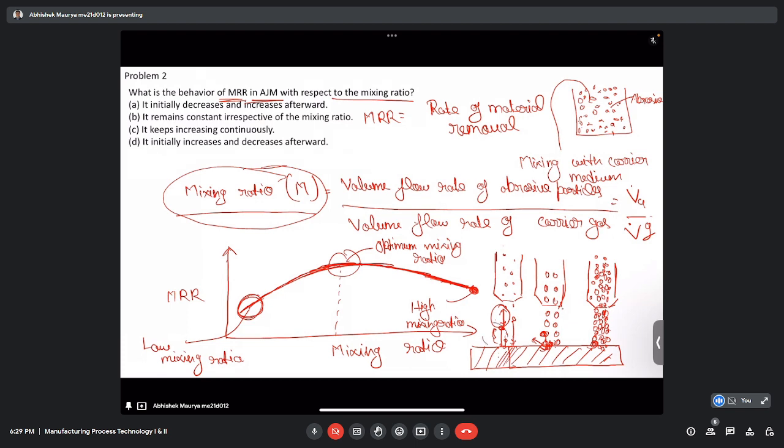So this is the optimum condition. Here almost the major portion of the abrasive particles are participating in material removal, and that is the optimized condition. Therefore the correct answer is it initially increases and decreases afterward.